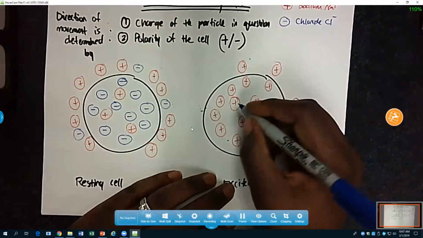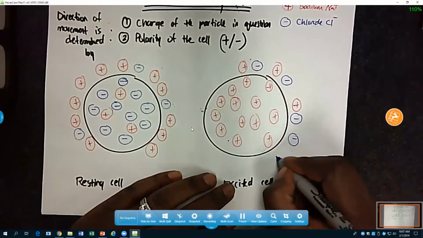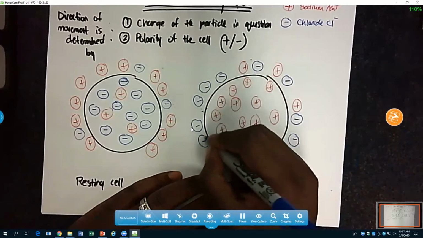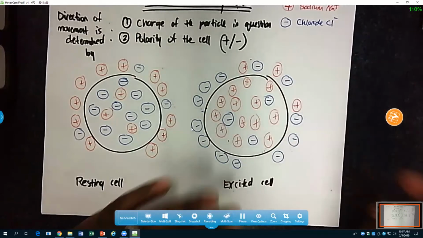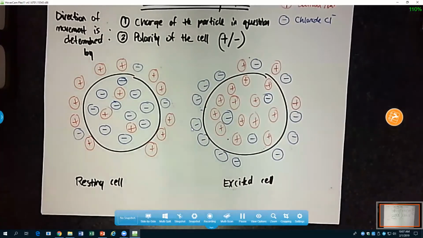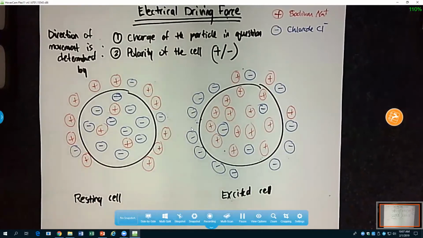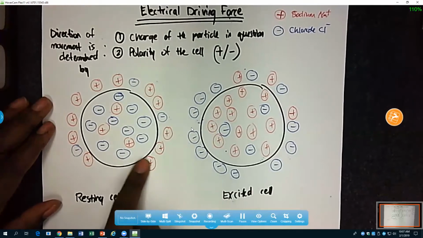And then there's an abundance of anions outside the cell. And then very few anions inside the cell. Okay? So this is what we mean when we say the electrical driving force.